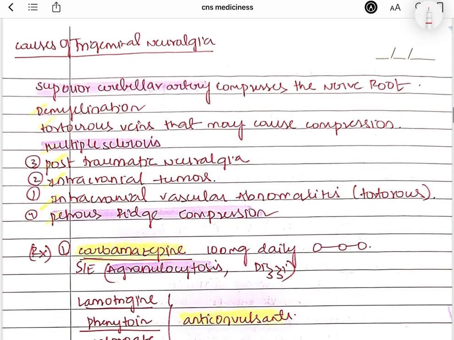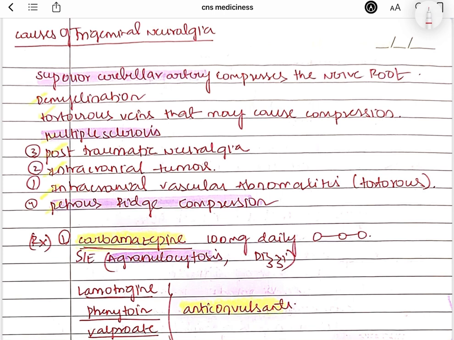Now coming to the causes, first there is compression. Compression can be by an artery or veins, or a bony structure like the petrous ridge, or tumors. These are the 4 things you have to keep in mind. The superior cerebellar artery can compress the trigeminal nerve root, and tortuous veins may also compress this nerve, right? Also petrous ridge compression and intracranial tumors, intracranial vascular abnormalities.